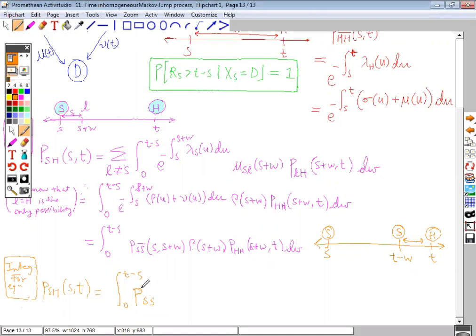And then in the brackets, s comma t minus w, into mu sh, mu of t minus w, into pss bar, into brackets t minus w comma t, dw, plus pss bar s comma t.